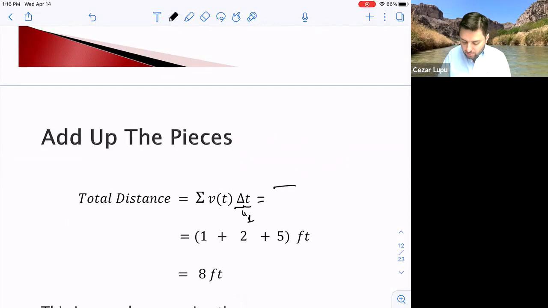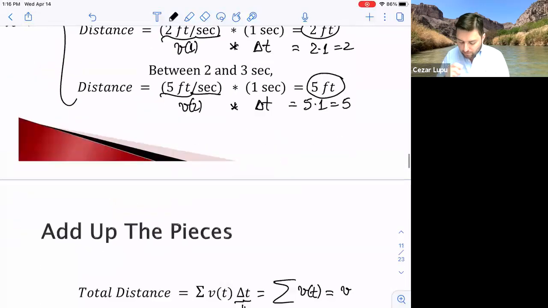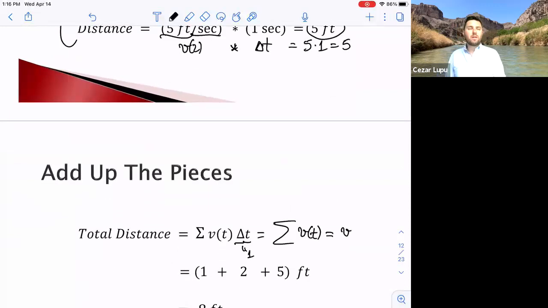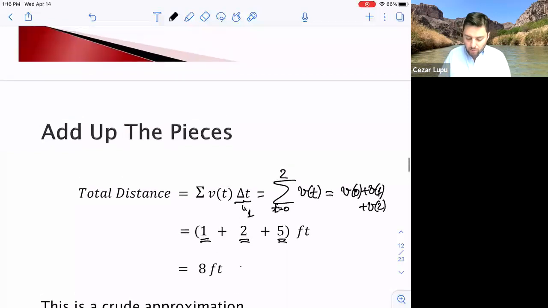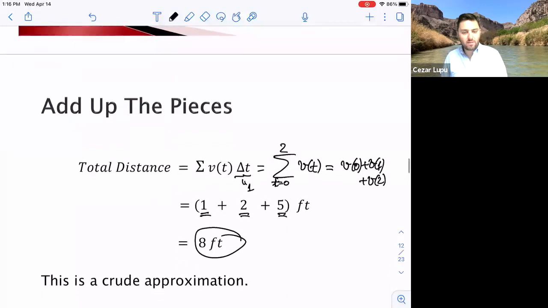So this is nothing other than just the summation of v of t, from t equals 0 to 2. So this is v of 0 plus v of 1 plus v of 2. V of 0 is here, v of 1 is here, v of 2 is here. So when you add this up, it will give you 8 feet.